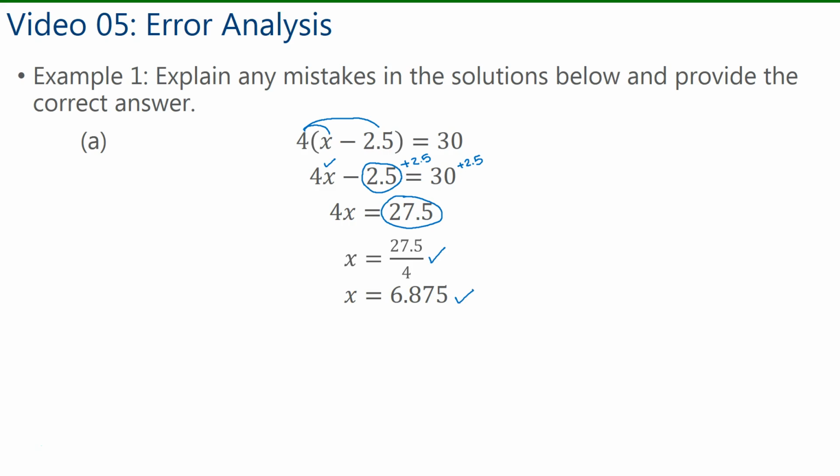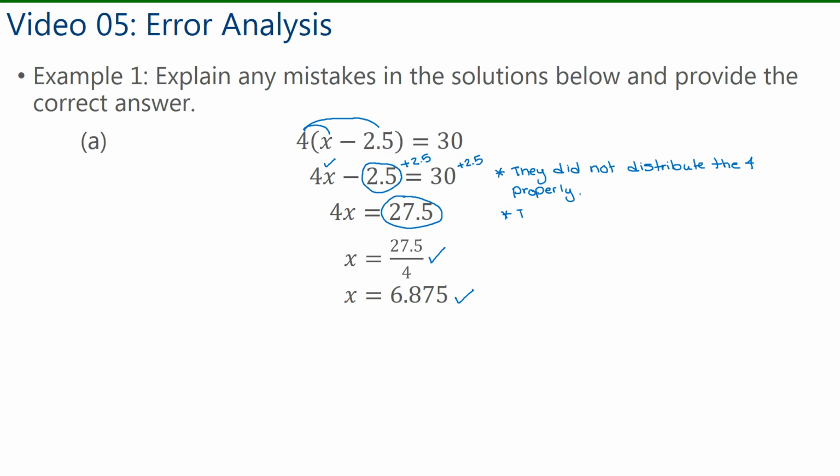So let's take note of the errors. Let's say that they did not distribute the 4 properly.